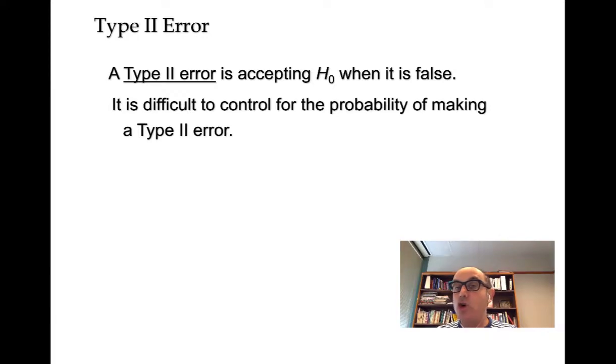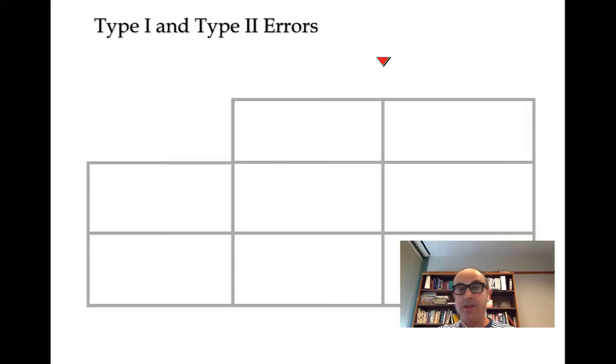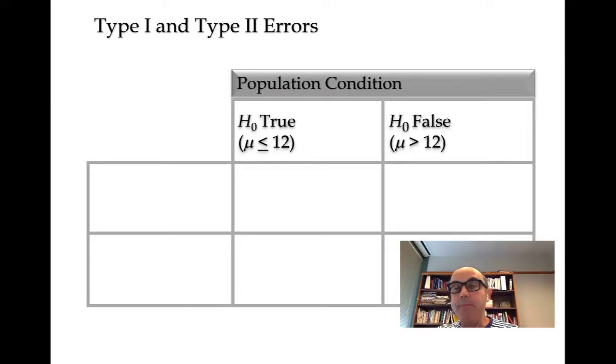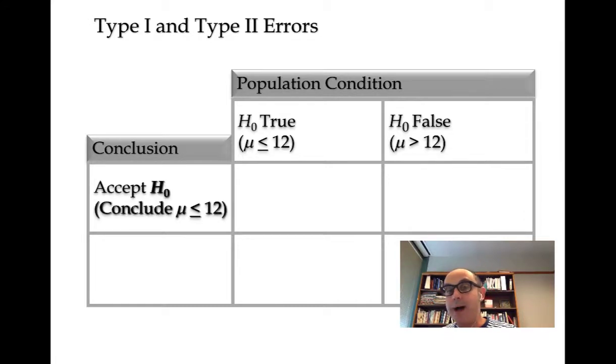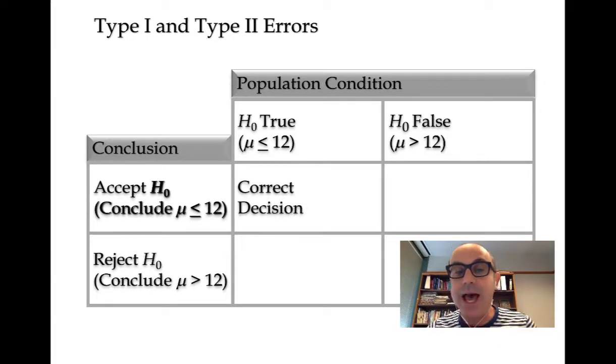So it's difficult to control the probability of making a type 2 error, and usually statisticians avoid the risk of making a type 2 error by using "do not reject the null hypothesis" or "do not accept the null hypothesis." But if we sum up the conclusion from our hypothesis with regard to the population condition, this is where things come in.